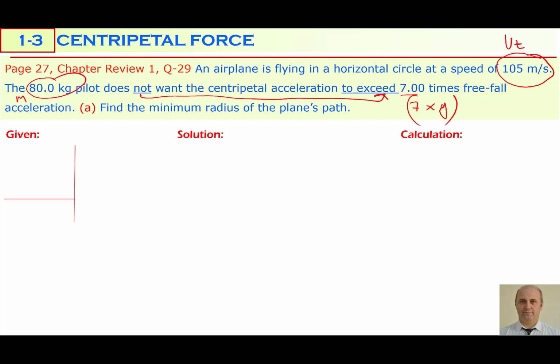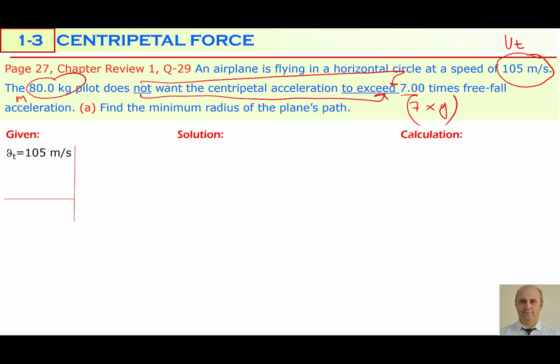This is the only thing students sometimes get difficulty with. It's also about health, because if the human body experiences an acceleration greater than 7g, the body can get high pressure, blood pressure can increase, heart attacks can be possible. That's why they say it mustn't exceed 7 times free fall acceleration.